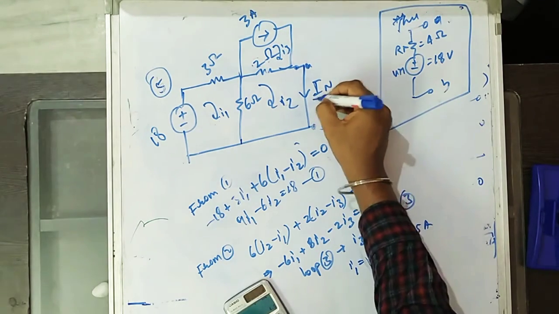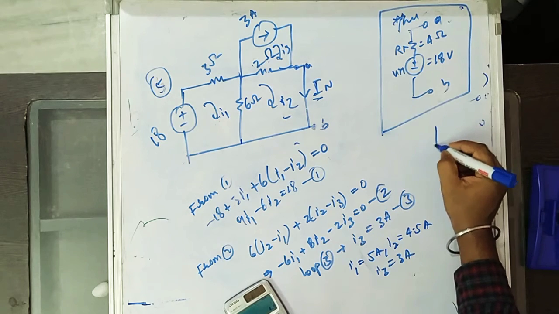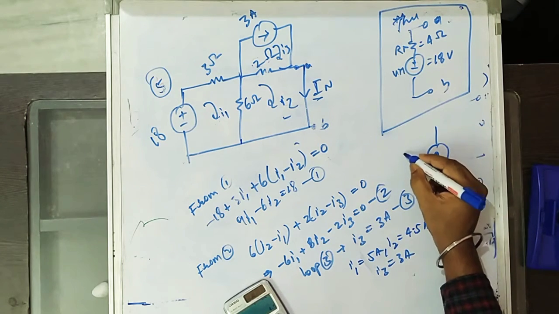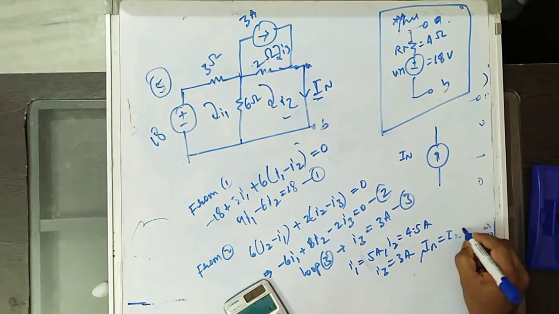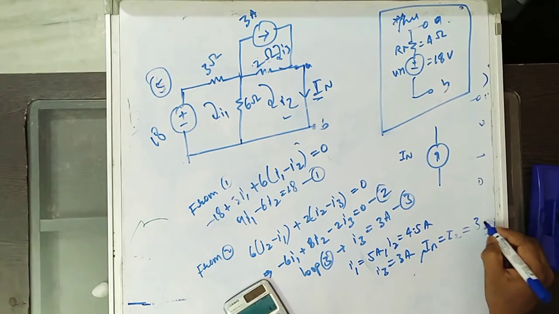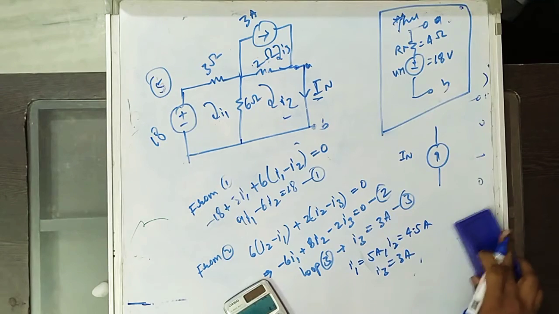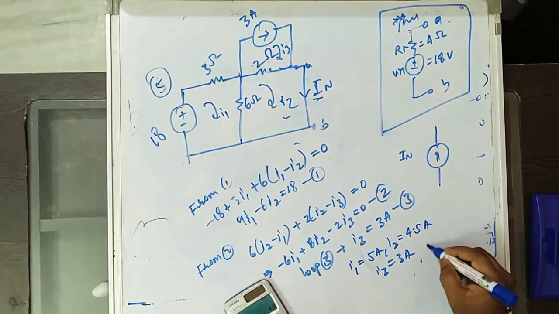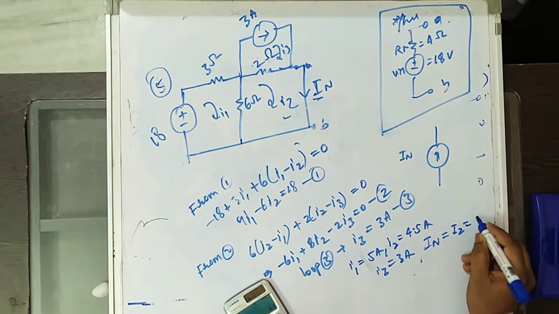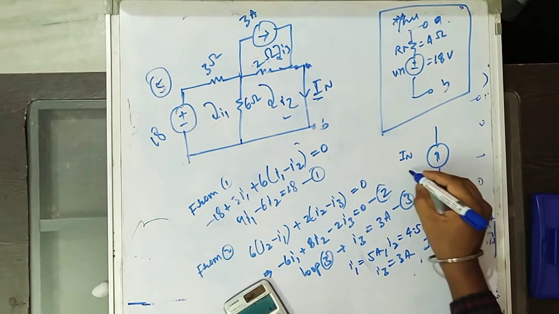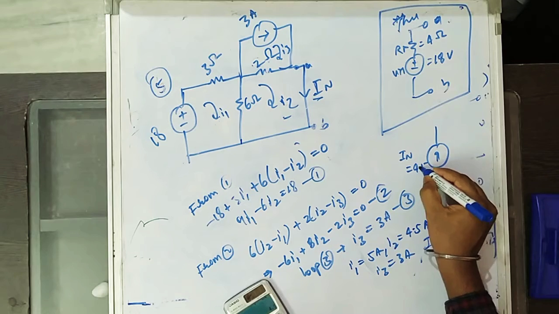So IN is I2. So Norton current is what? IN equal to I2. Sorry, IN equal to I2, 4.5 amps. So this is 4.5 amps.